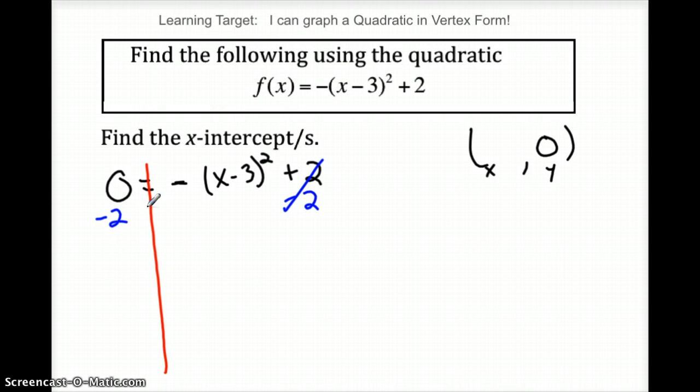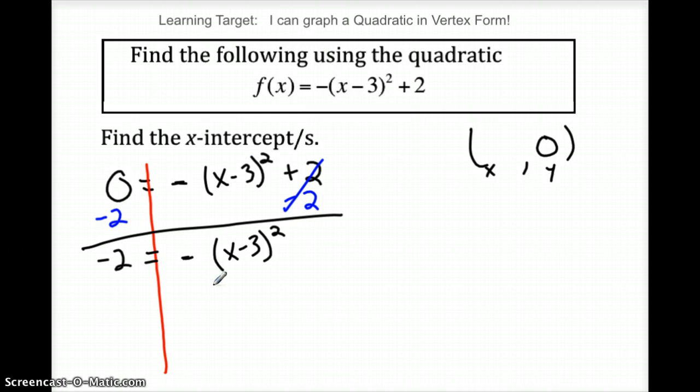So I would have negative 2 equals negative x minus 3 squared. But now remember, this negative, there's that 1 there. And these parentheses squared, it's like a jail. Remember, nothing can get in and nothing can get out. So if I can't distribute that negative 1 in, then how do I get rid of it? If you're wanting to distribute, that means you're wanting to multiply.